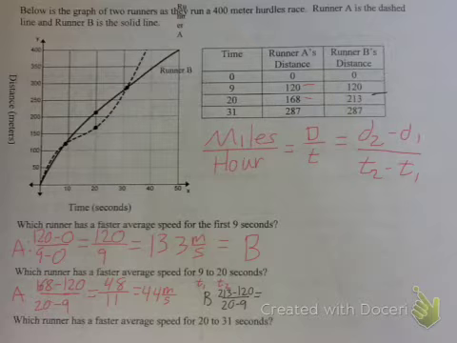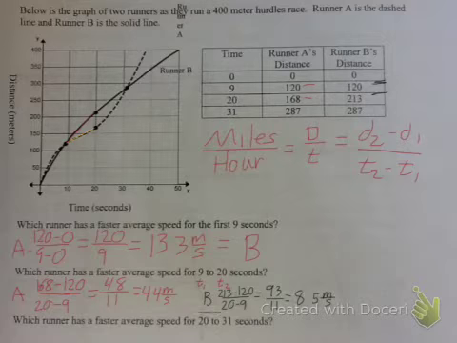And at 9 seconds, we're at 120 meters. So now you just go ahead and do the algebra. So we get 93 over 11, which is equal to 8.5 meters per second. So therefore, runner B was running faster than runner A, because 8.5 is higher than 4.4.